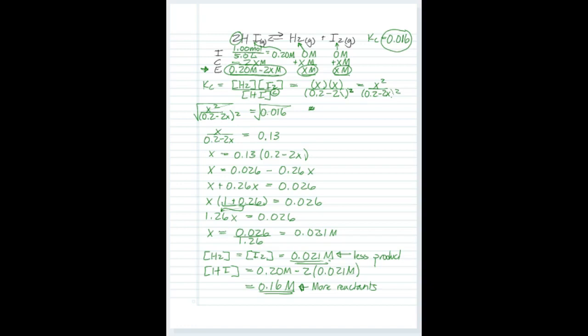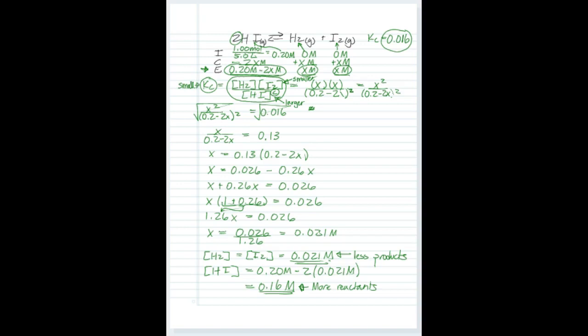And if we look back at our equilibrium expression, let's look at that. So our Kc is small. That means that the denominator here is going to be larger than the numerator to get a small value for our Kc. So larger, smaller, to get a small Kc.